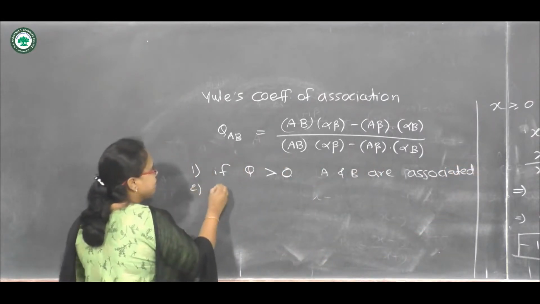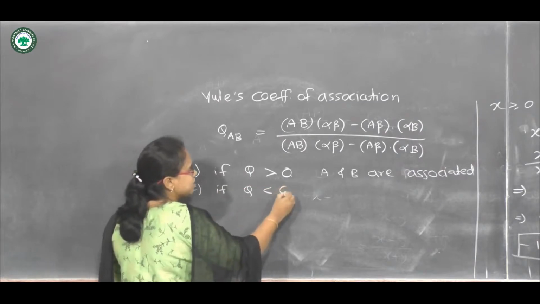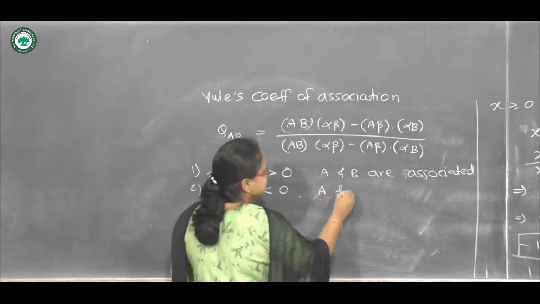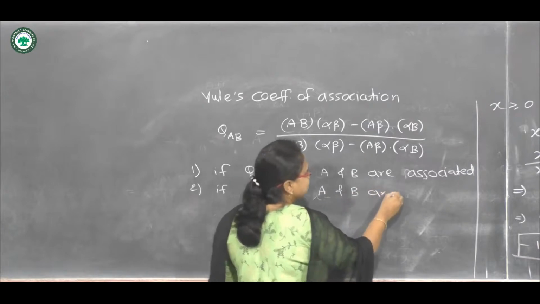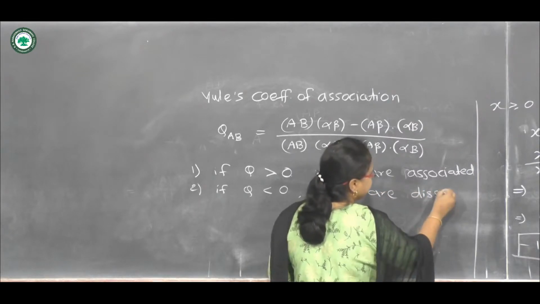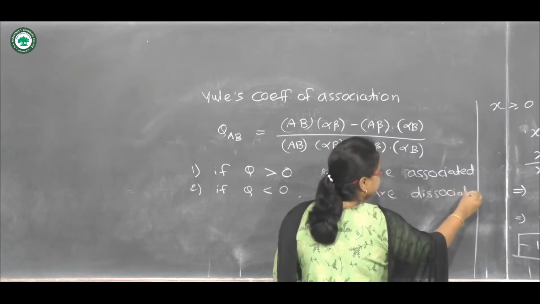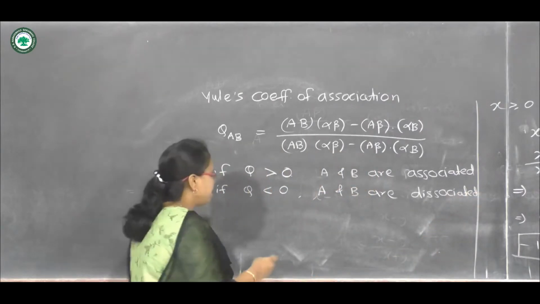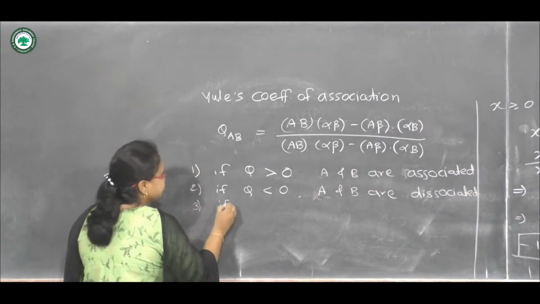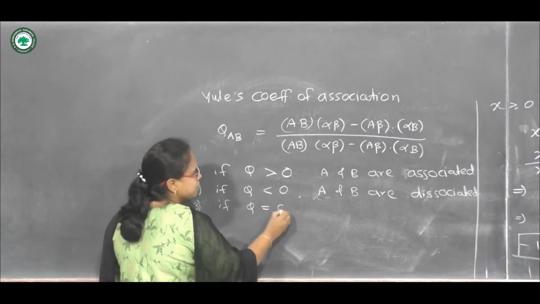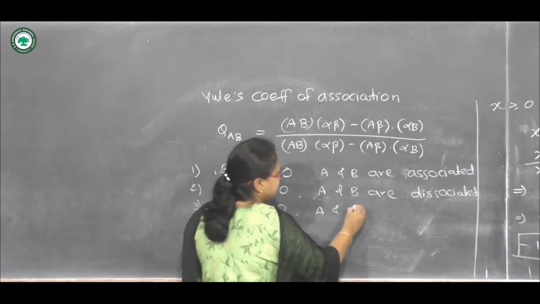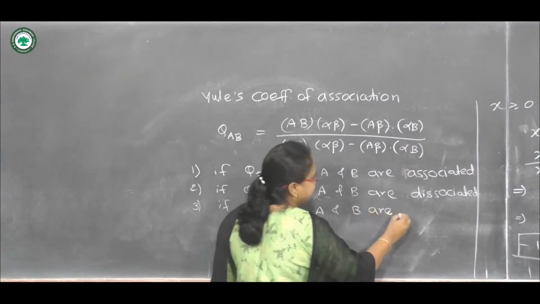Next, if Q is less than 0, or negative, then we say that A and B are dissociated. Further, if Q is equal to 0, then A and B happen to be independent.